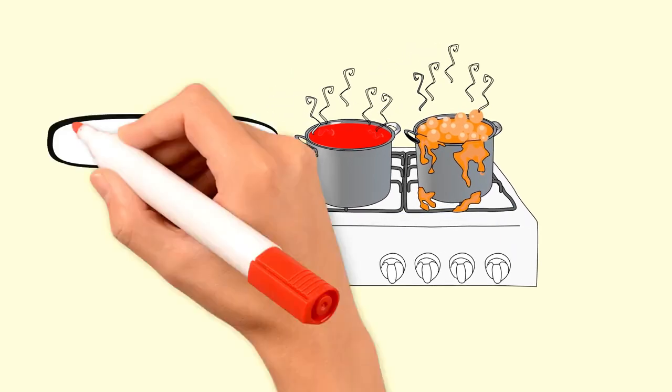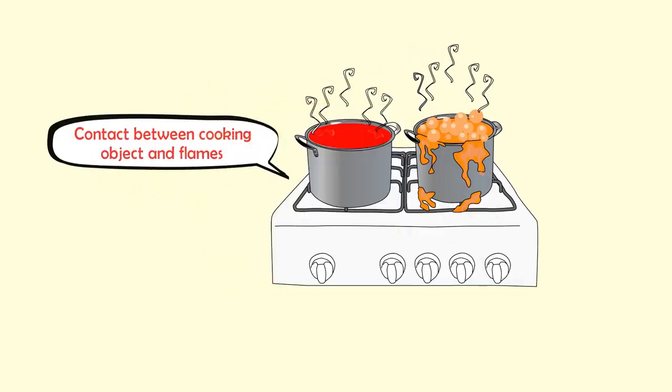It is because there will be contact between your cooking object and the flames. Thus, this contact will provide a medium to heat energy, due to which heat energy or thermal energy of the flames would transfer to your cooking object and food will be cooked this way.